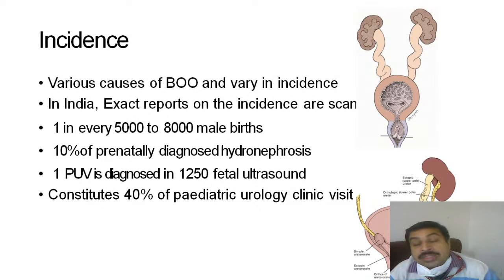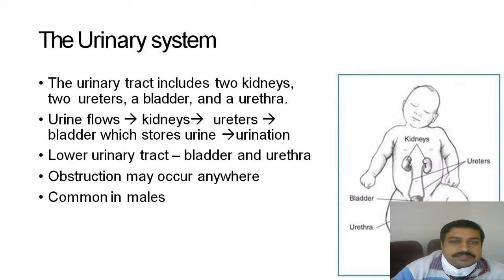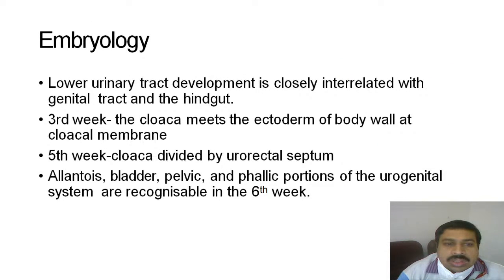So if somebody asks you the common causes of congenital bladder outlet obstruction, in males it is posterior urethral valve, and in females it would be ureterocele, bilateral or unilateral. To understand more, we must also understand how the kidney develops.